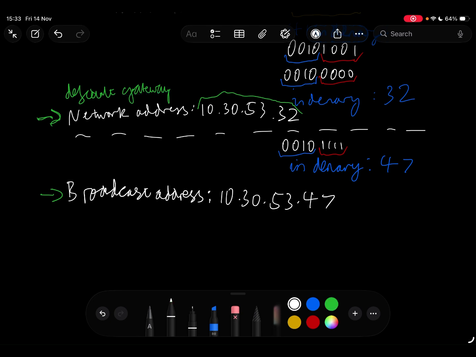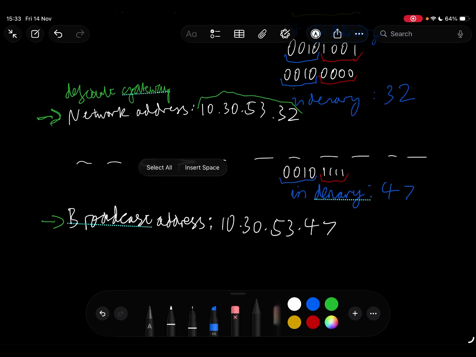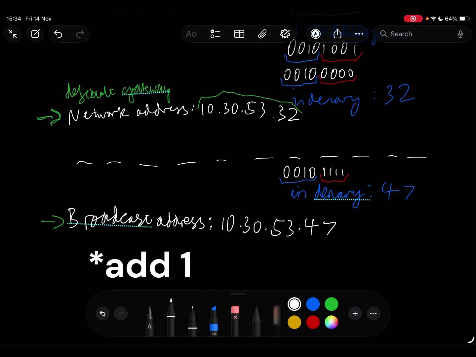So all we have to do is, to get the first usable host, we just have to take one away from the network address, minus 1.